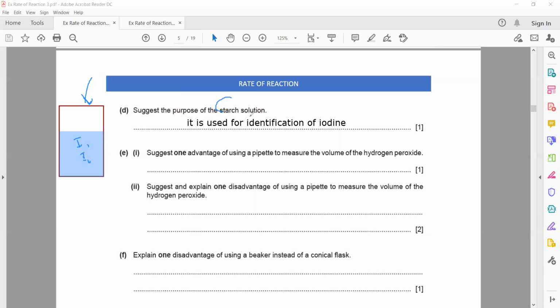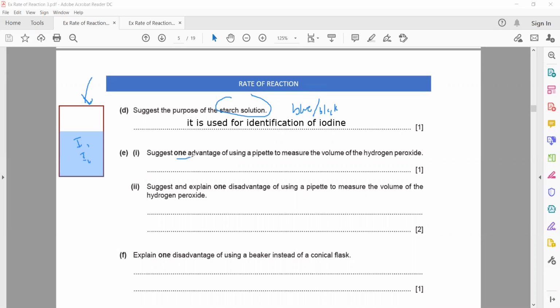We add a starch solution. When we add a starch solution, it will turn blue black in the presence of iodine. The purpose of an iodine solution is to identify whether a solution has starch, and the purpose of a starch solution is to identify whether a solution has iodine in it.